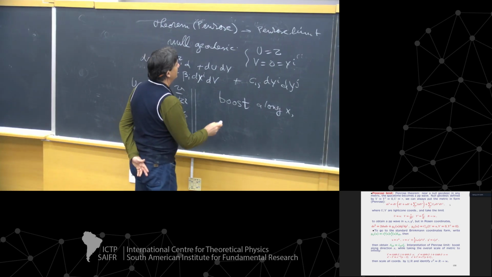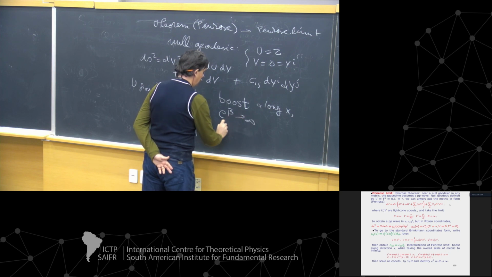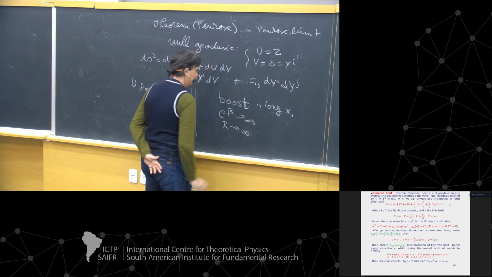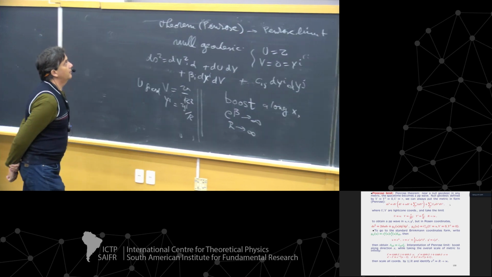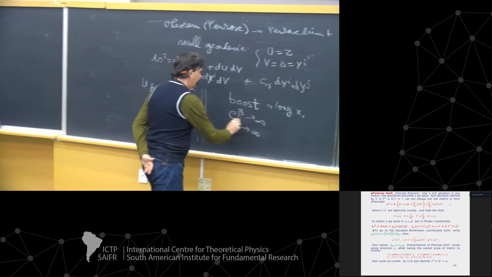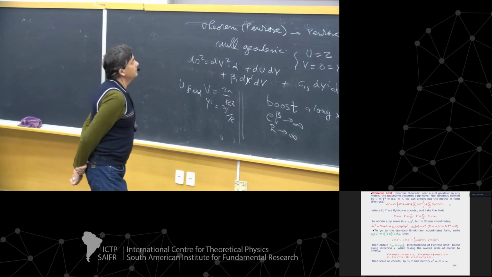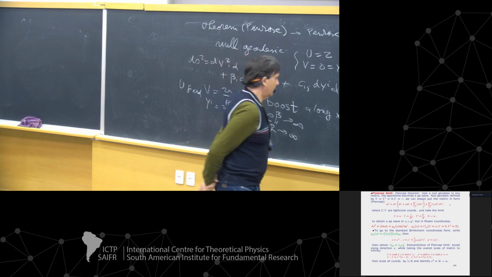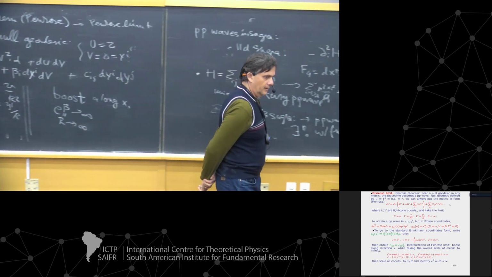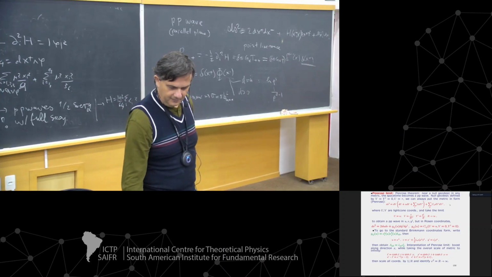So I consider e to the beta goes to infinity, and r goes to infinity, where r is an overall scale of the metric. And then I identify e to the beta with r. The boost and scaling together lead to the PP wave metric.